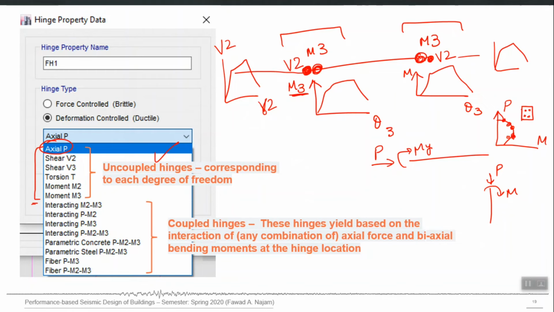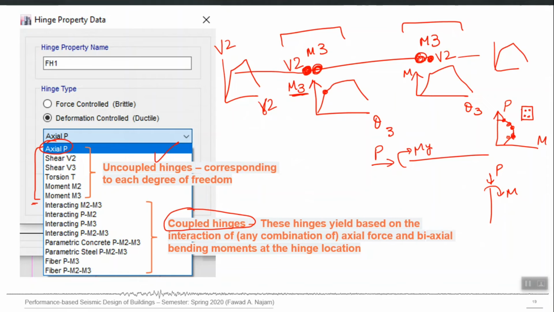So the summary is that for columns you may not consider degrees of freedom uncoupled. You have to use what we call coupled hinges to make those columns nonlinear, because there is no fixed yield moment. In fact, there is no fixed m theta curve for a column.